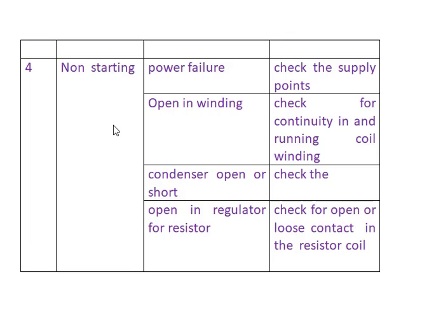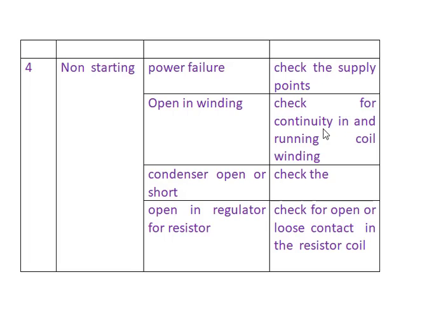Another problem is non-starting. When the power is switched on, the fan does not rotate. It is due to power failure. We can check the power supply points, and the winding coil may be in an open condition.